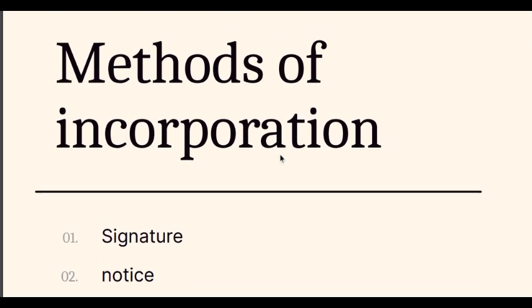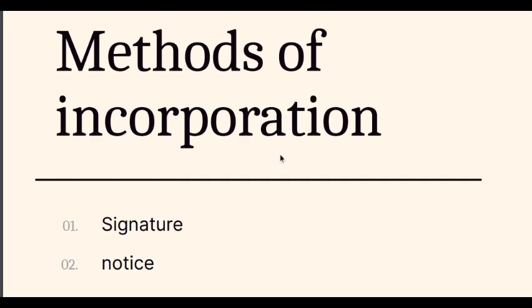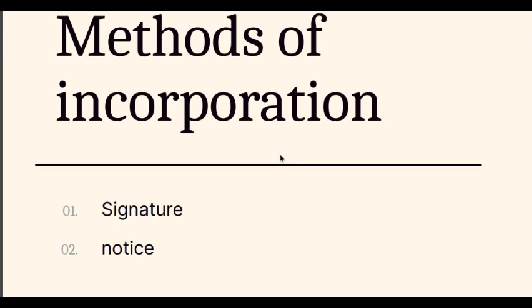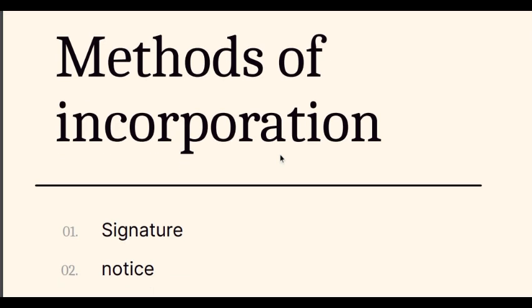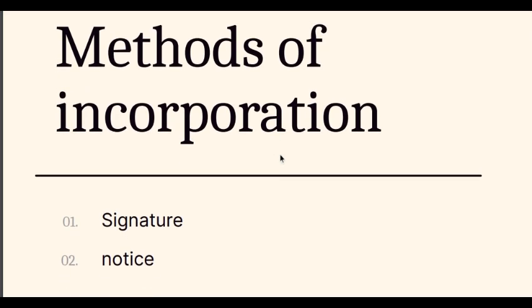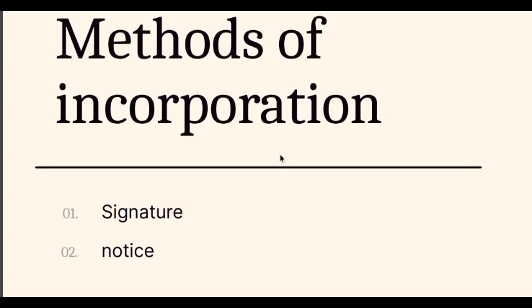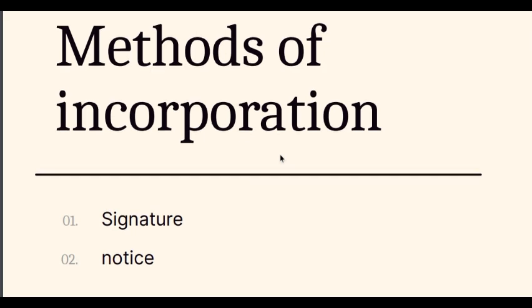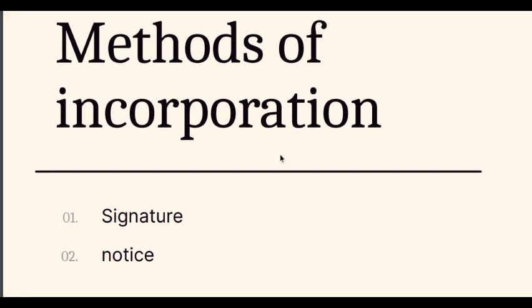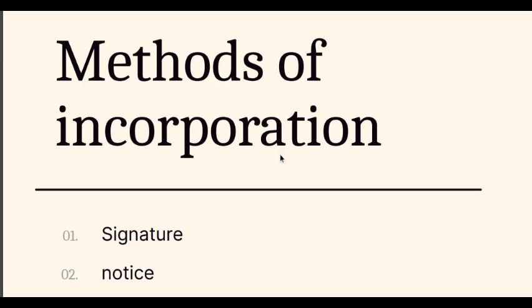For example, people who are affected by the contract or who are part of this contract should be able to access the notice in a reasonable time, and they should be able to read and understand the contents contained within the notice. And also we need to note that notices must be given before a contract is formed.